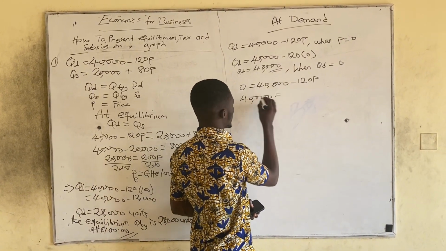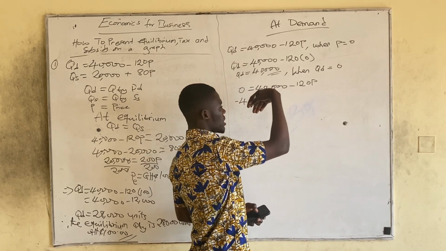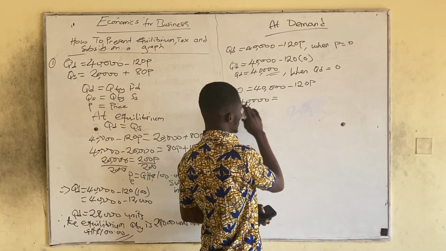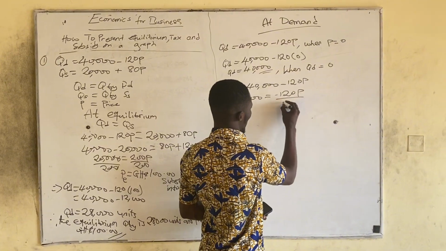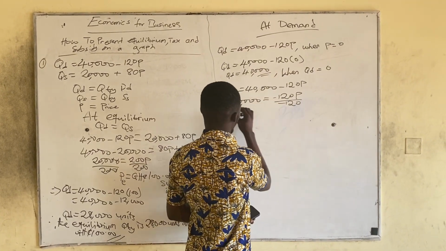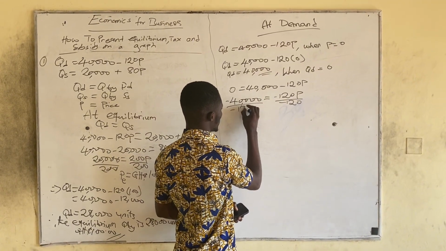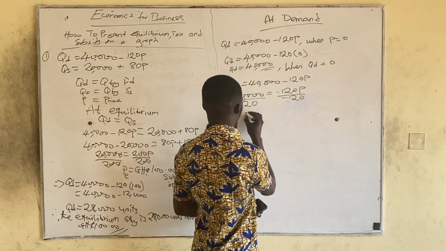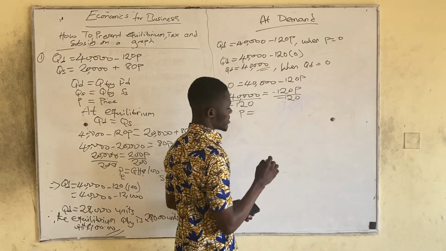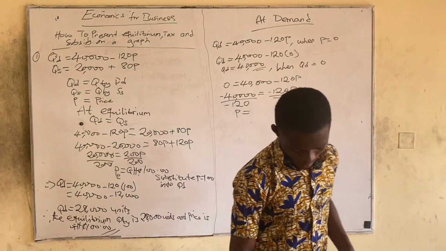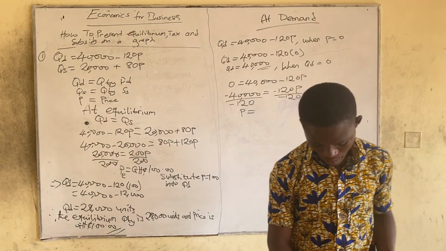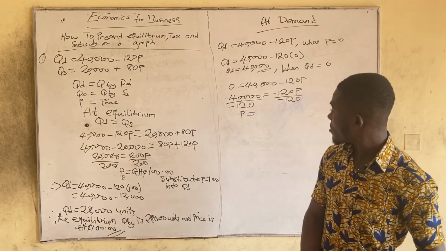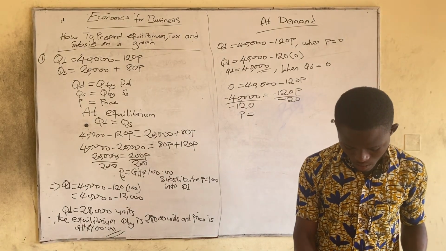40,000 equals minus, sorry, when it crosses the equal sign, it will become negative: minus 120p, all divided by minus 120. So our P will give us 40,000 divided by minus 120.